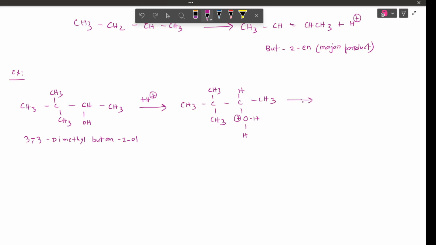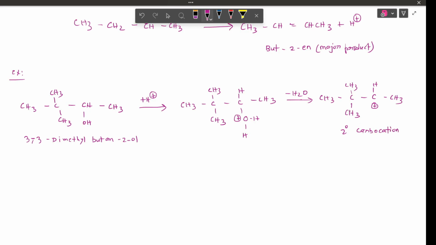Here, one water molecule will be removed, and your carbocation will form on this carbon. So CH3, C, CH3, CH3, CH, CH3 with a carbocation. Now this is a 2-degree carbocation.